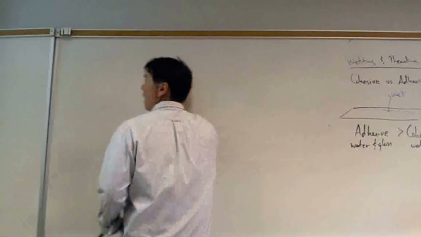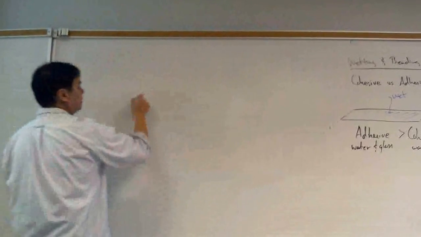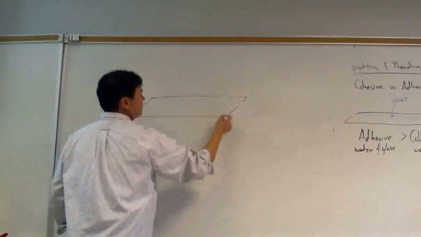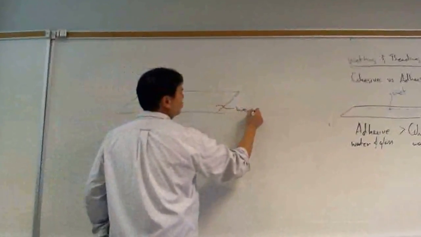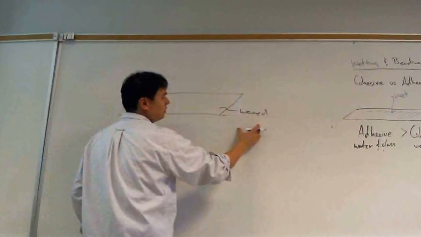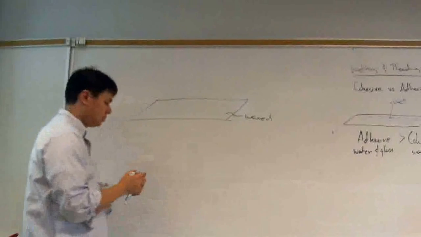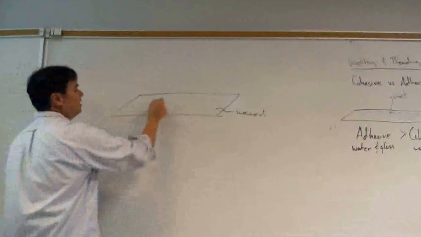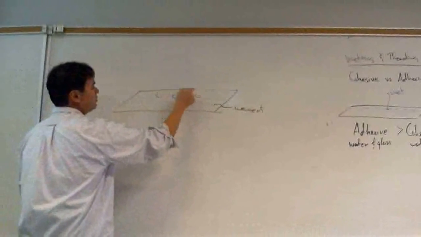If they put some wax on the surface of the glass plate, we have the opposite thing occur. Wax consists of hydrocarbons. Hydrocarbons are nonpolar, and so here the water is going to bead on the surface.